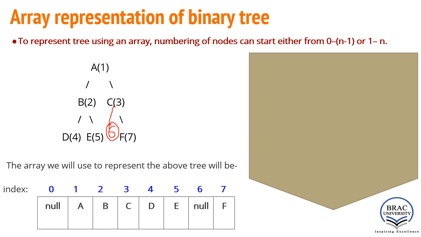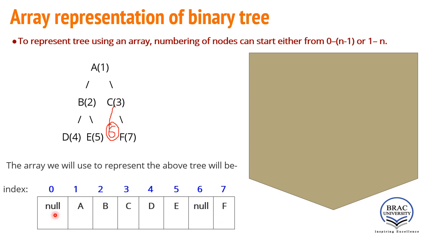So the representation starts from 1, so the 0 index value will be null, then A will be there, so this one is root node A, B is in index 2, C is index 3, D index 4, E index 5, and at 6 there is no node, so that value will be null, and 7 will be F. And be careful, if you miss this and put F at index 6, that will create a different tree.